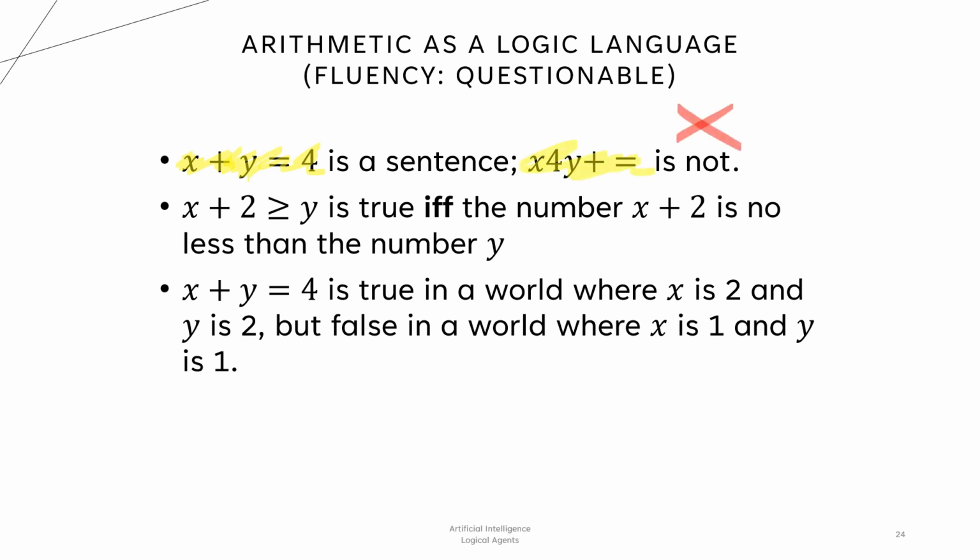Then we have x plus 2 is greater than or equal to y is true if and only if the number x plus 2 is no less than the number y. And there are some other examples here, but you see how arithmetic can form sentences and have truth values and variables and all these other things.